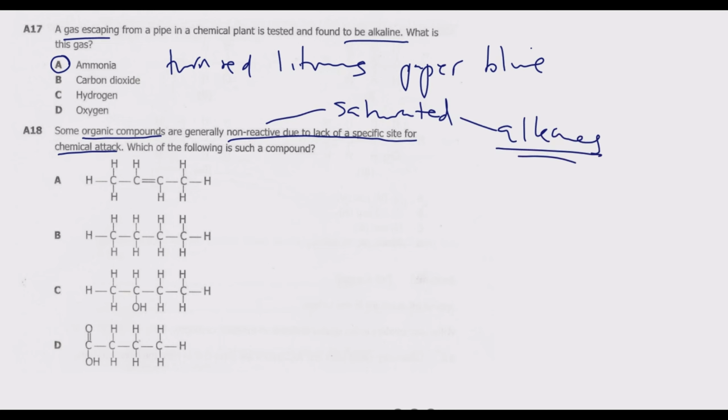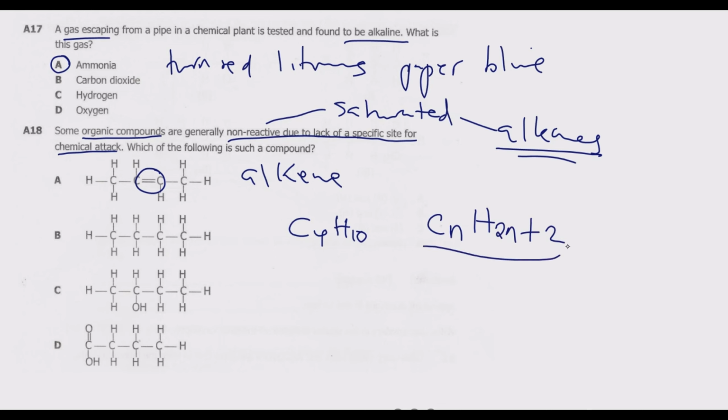So among the answers, we need to look for an alkane group. So we know that A has a double bond, so this is an alkene. B, there's no double bond, and it has 4 carbons and 10 hydrogens. So this conforms to this formula. So you see this is an alkane. So B is the correct answer.